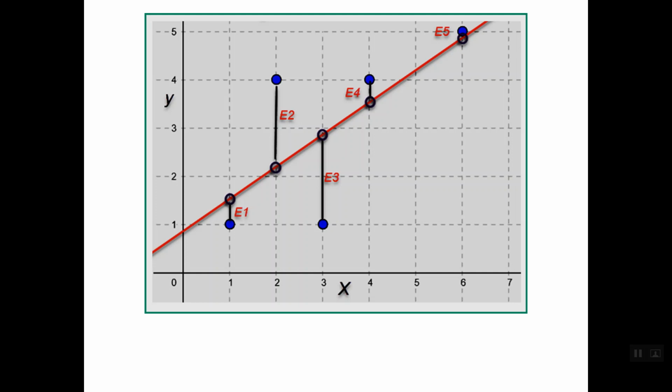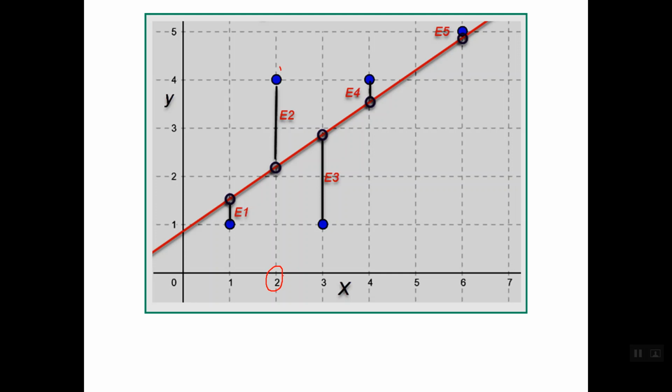So we draw here the linear regression line. As we see here, for each value of x, we have 2 values of y. For example, for x equal to 2, we have 2 values for y.